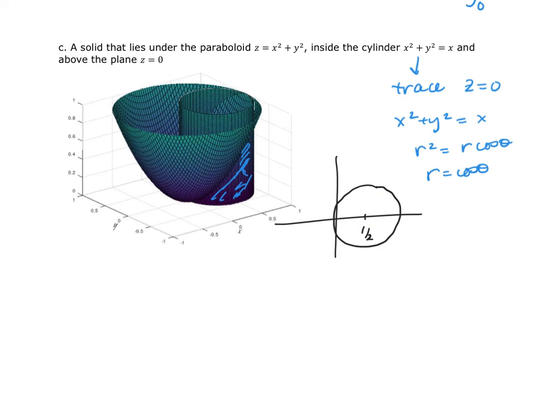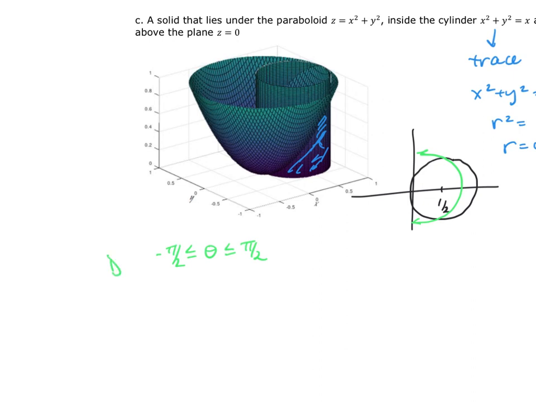This tells me that my theta is normally going to run from 0 to pi. But in this case, I'm going to run from negative pi halves to pi halves. So my theta is going to run from negative pi halves to pi halves. That's my theta.